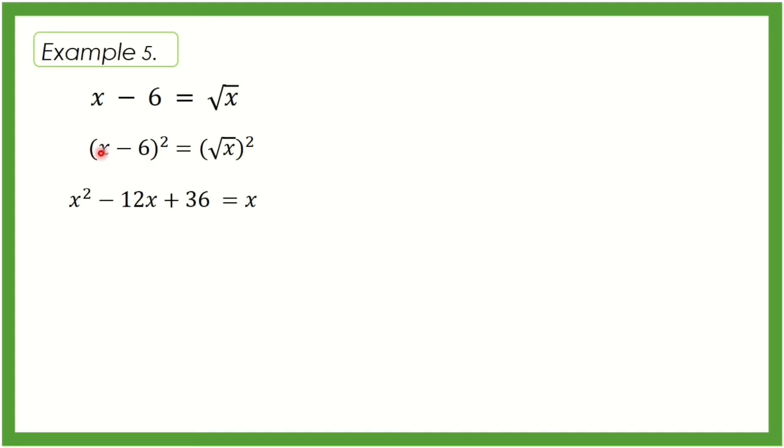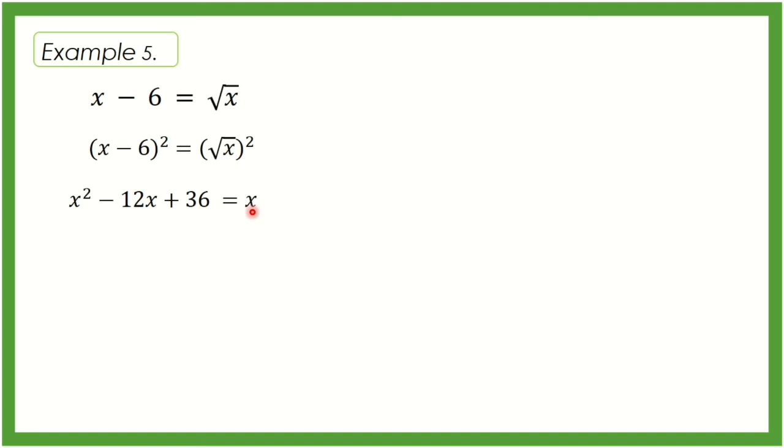So, negative 6 times x, negative 6x times 2, that is negative 12x. And then, i-square natin yung last term. Negative 6 squared is positive 36. Ang square ng square root of x is equal to x. Then, combine like terms.